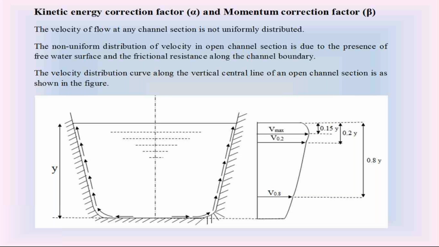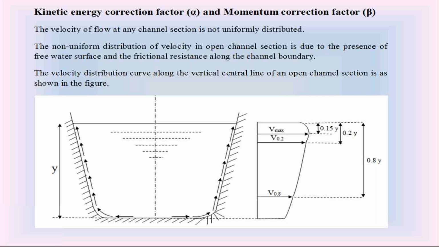But in the kinetic energy calculation, we must use the actual velocity, not the mean velocity. But in open channel flow, since we don't know the actual velocity of flowing water, by using the mean velocity we are calculating the kinetic energy and also the linear momentum.